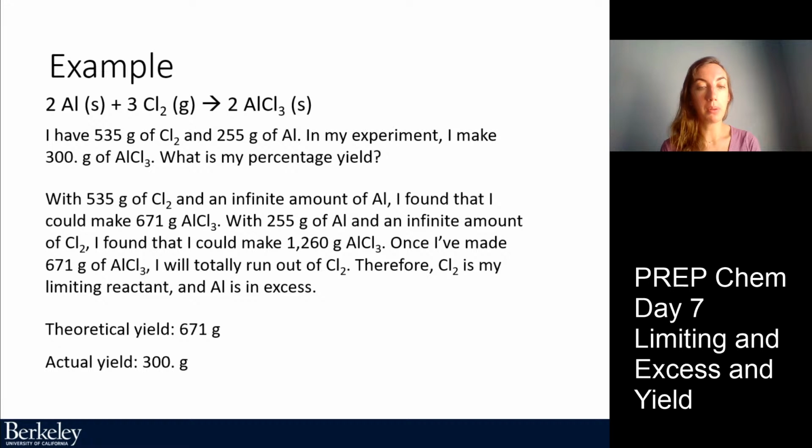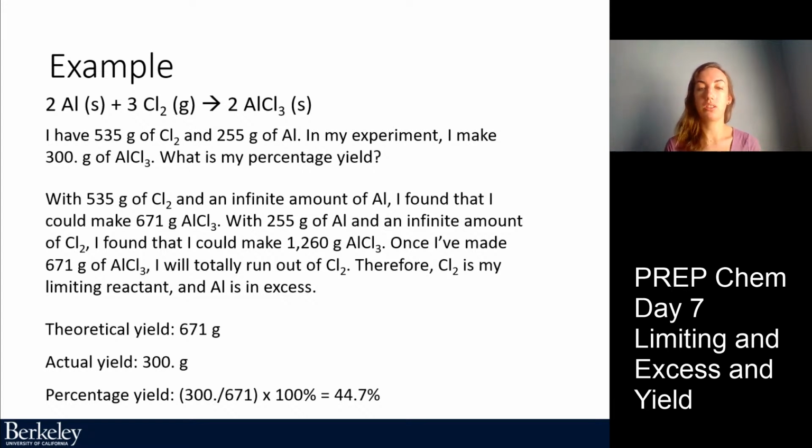What I told you in the problem statement is that when I actually run this experiment, I had an actual yield of 300 grams of AlCl3. So to get my percentage yield, I just take 300 divided by 671, and then I multiply that by 100 to get a percent, and I end up with a percentage yield of 44.7%.